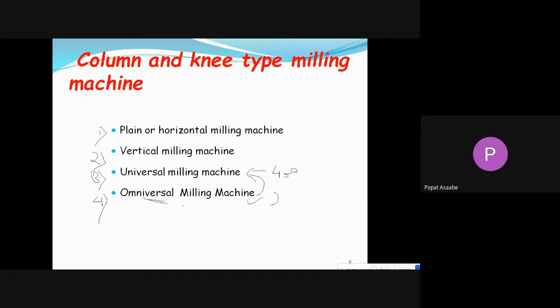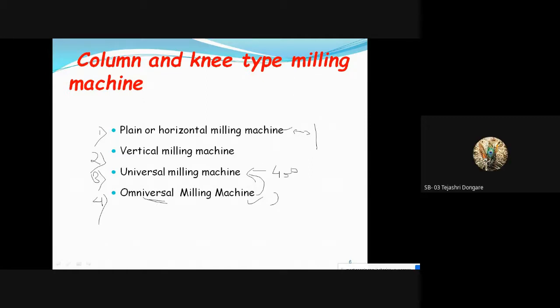Okay, this is about the 4 milling machines. You have to remember, in the horizontal milling machine the position of arbor and position of spindle will be horizontal, simple. Which movement can we give to the table? Please tell me, which table movement is possible in the horizontal milling machine? Anybody?